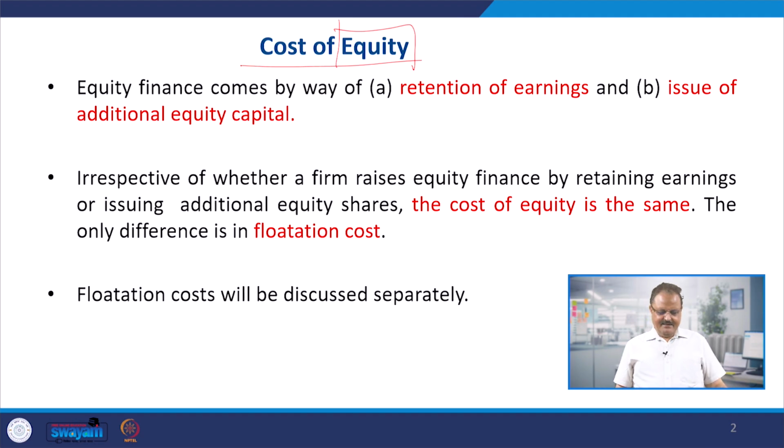The real definition of equity capital is in the form of public limited companies, which raise equity capital through IPOs when they are converted from private limited companies to public limited companies. For example, a few years back when Zomato was converted from a private limited company to a public limited company, they came out with an IPO. Paytm was also converted from a private limited company to a public limited company, and they also came out with an IPO.